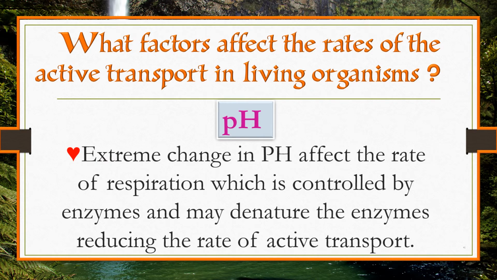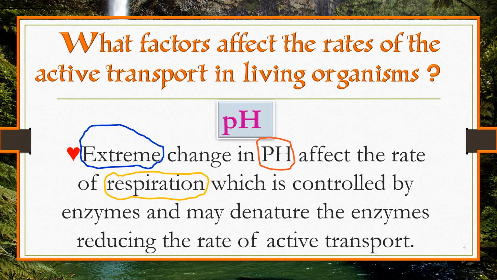So we can say that the extreme change in pH affects the rate of respiration, which is controlled by enzymes, and may denature the enzymes, reducing the rate of active transport. If you extremely change the pH, make it alkaline, make it acidic, it is going to affect the rate of respiration.